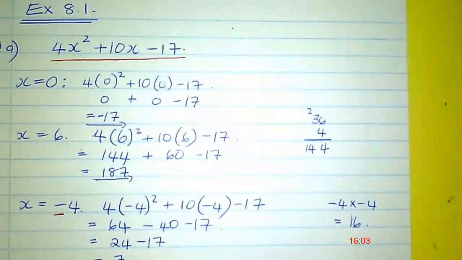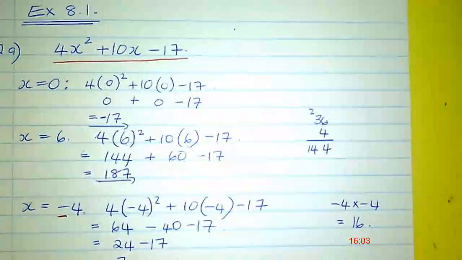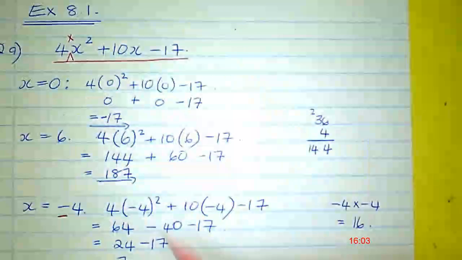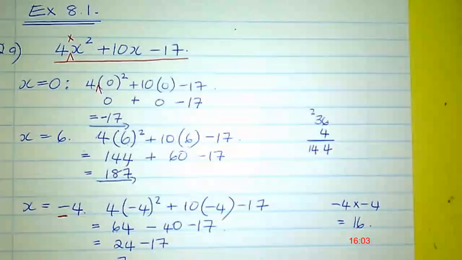We understand that when a 4 sits next to an x squared, that actually means times. So this means times. And so when I wrote that, the 4 next to a bracket, that also means times. Okay, so if we have an expression right outside a bracket with another expression inside, we know it means times.